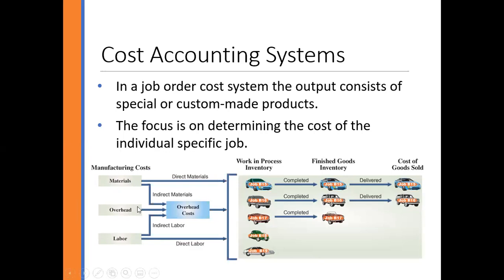Once these costs are transferred to work in process, now they're in the manufacturing facility being worked on. And you can see we've got 1, 2, 3, 4, 5 jobs being worked on here, right? So we're accumulating cost per job. And then once these jobs are completed, they are transferred to finished goods inventory. And then once they're sold, transferred to cost of goods sold.